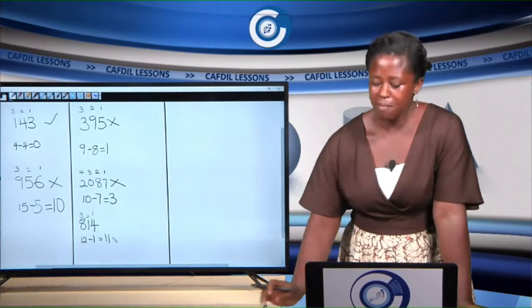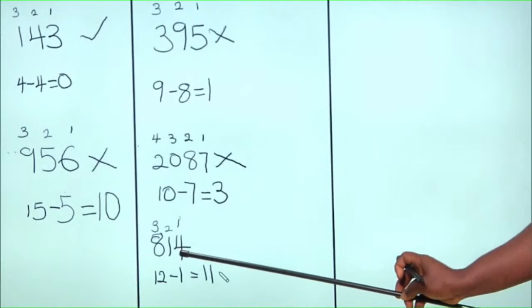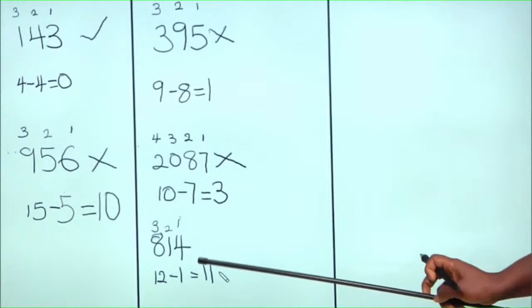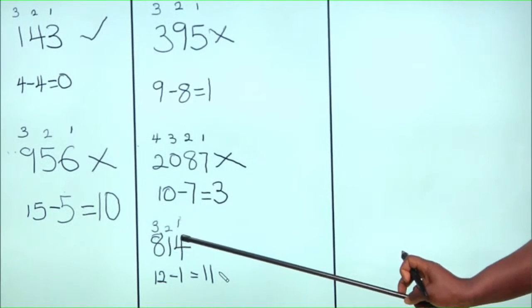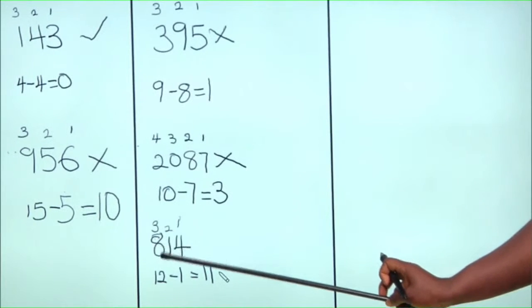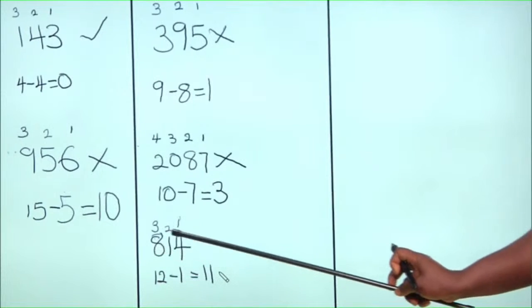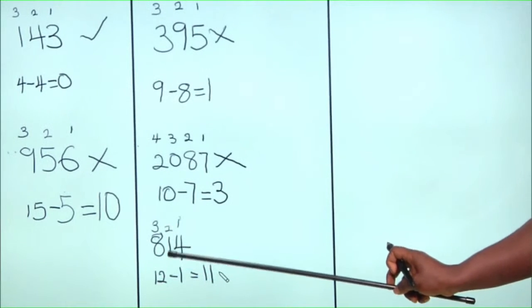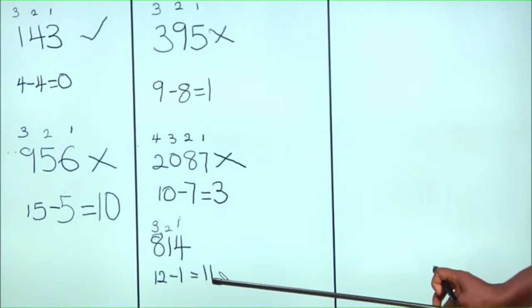So, the number 814 is a multiple of 11 because when we added the digits at the odd places, we had 4 and then 8, which is 12. The number at the even place is just 1. So 12 minus 1 will give us 11.